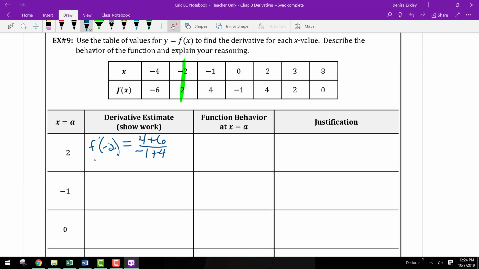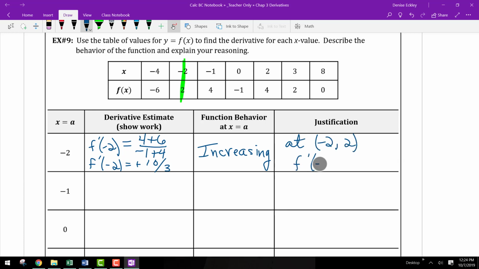So f prime of -2 equals -10 thirds. Oh, I'm sorry, positive 10 thirds. Positive 10 thirds. So for the function behavior, I have a positive slope, so that means the function has to be increasing. And my justification is that at -2, f prime of -2 is positive.